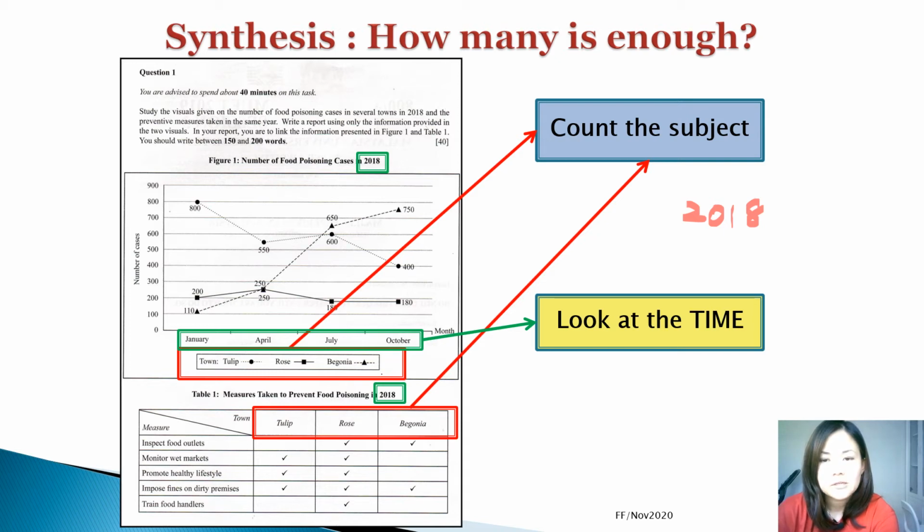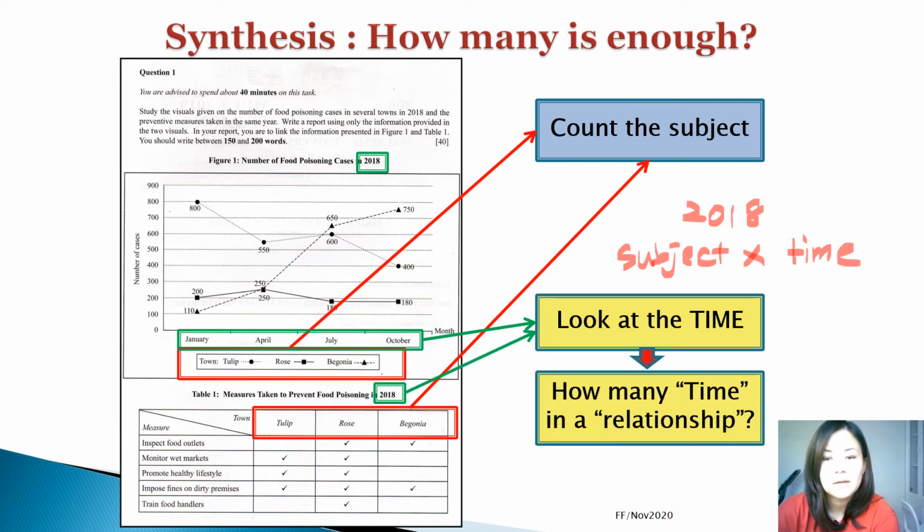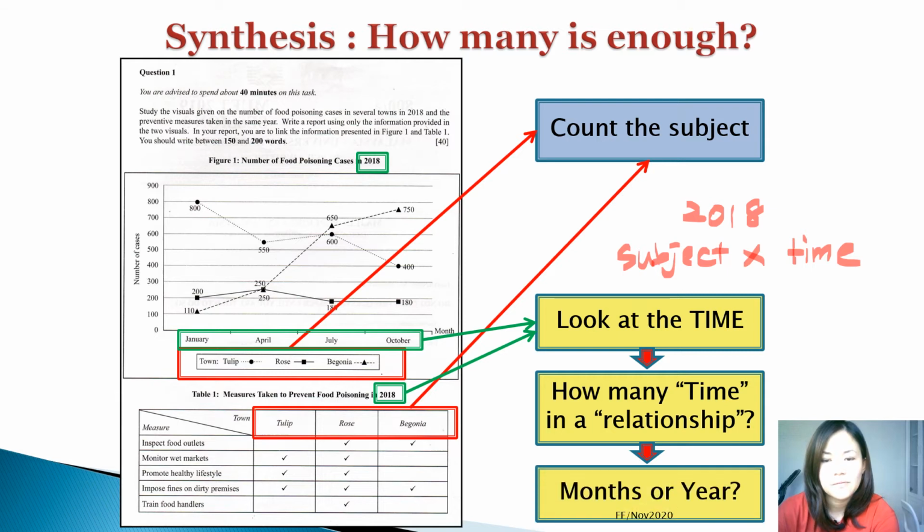All right, so you have to take the subject times the time, then you would know how many synthesis you can make. So how many times in a relationship? One year, one subject, two subjects, three subjects. Is it a month or year?